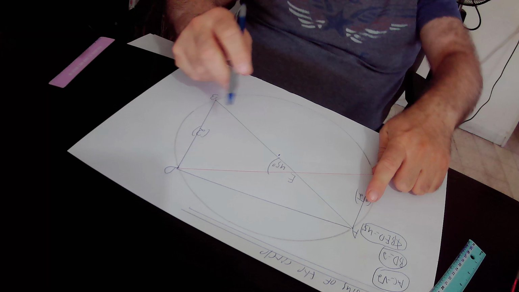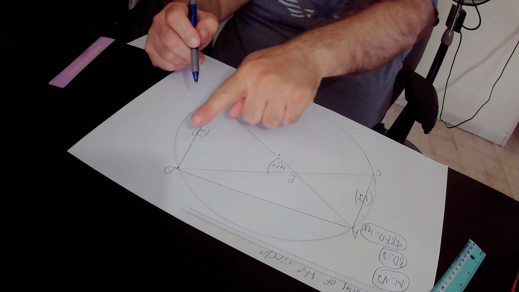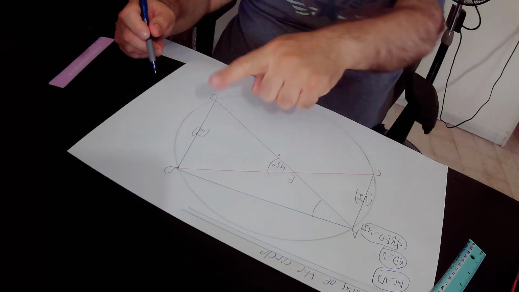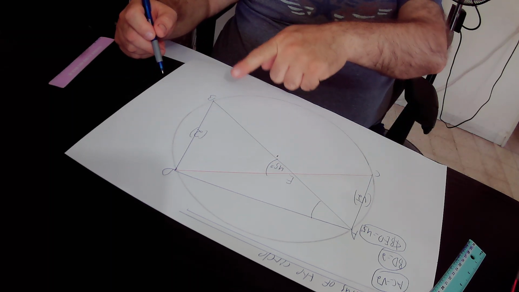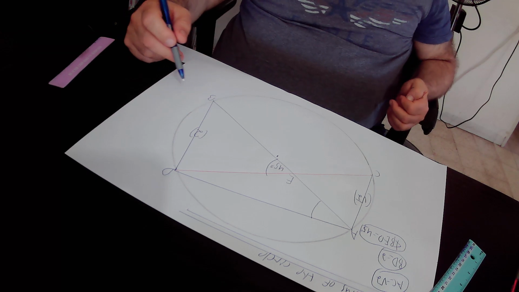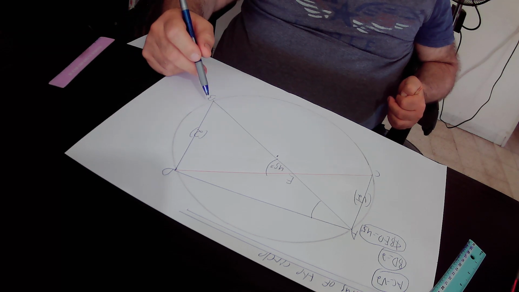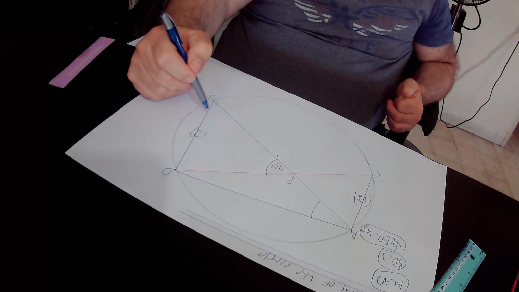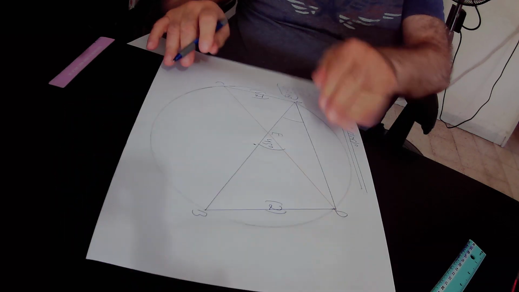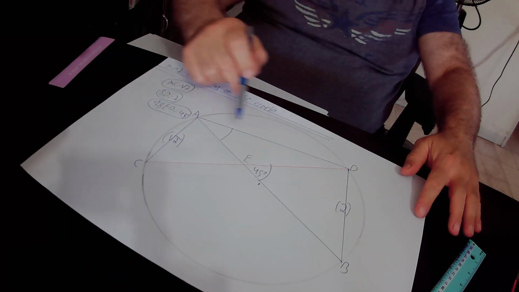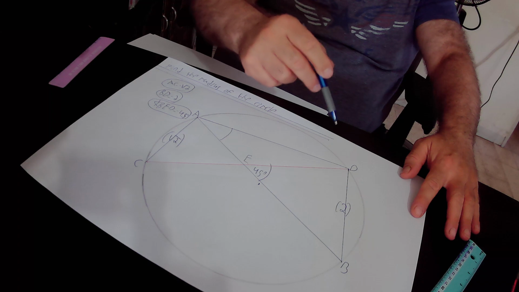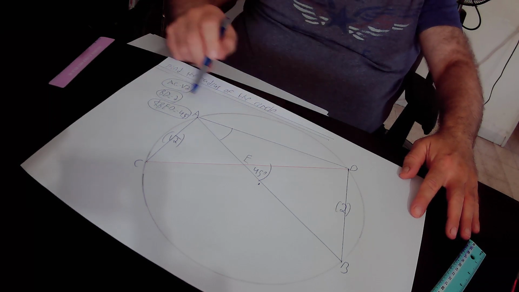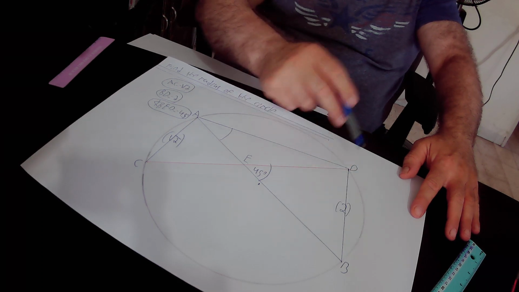By joining points D and A, we consider peripheral angle DAB. This is peripheral angle DAB, and peripheral angle DAB is equal to peripheral angle DEB, subtended on chord DB.